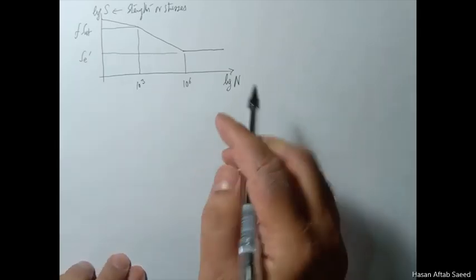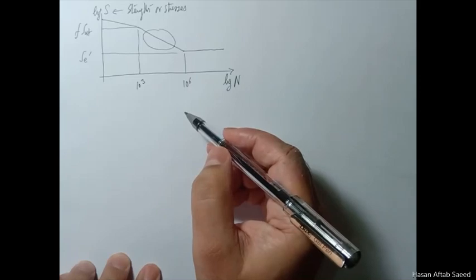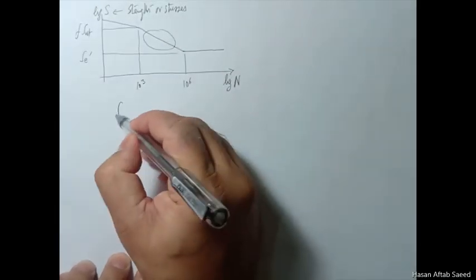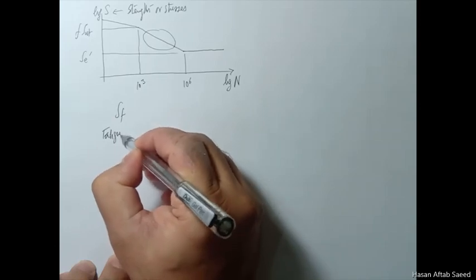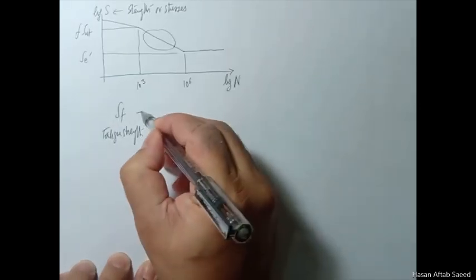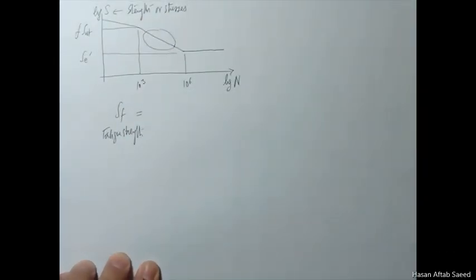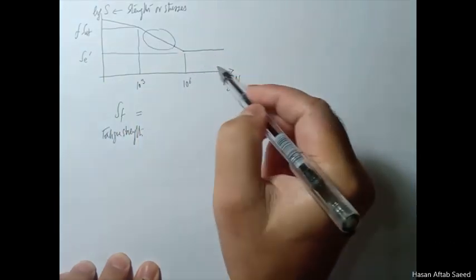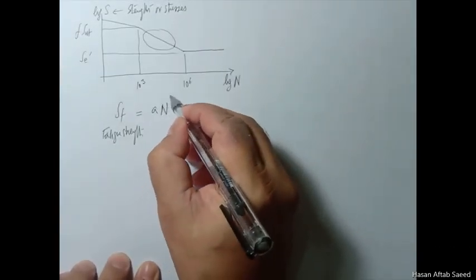So how to design something in this region? Now Sf, we call it fatigue strength. If you recall, we have plotted this on a log scale, but actually if you don't use a log scale, it's a curve. So let's approximate this curve by this.